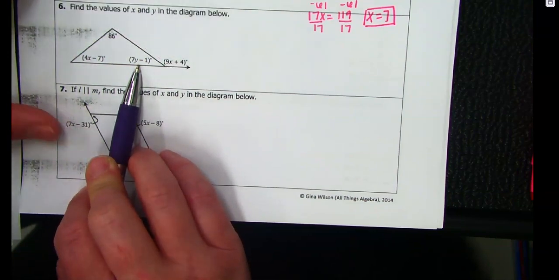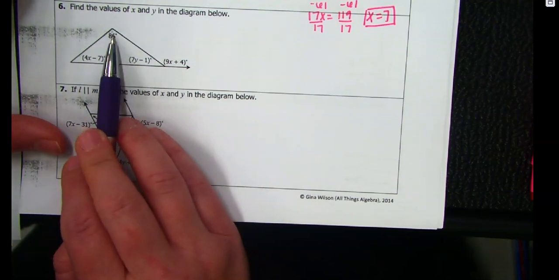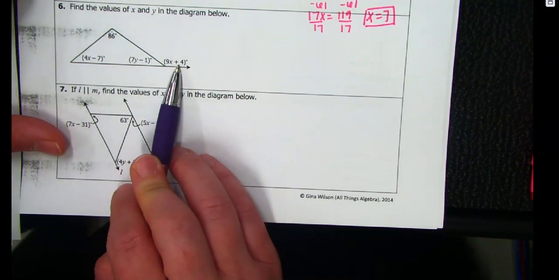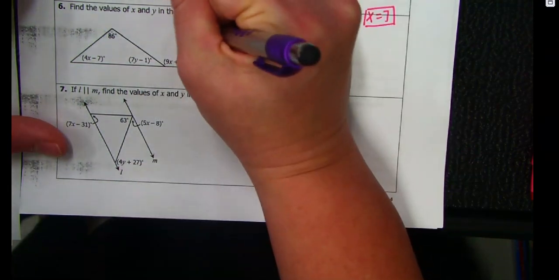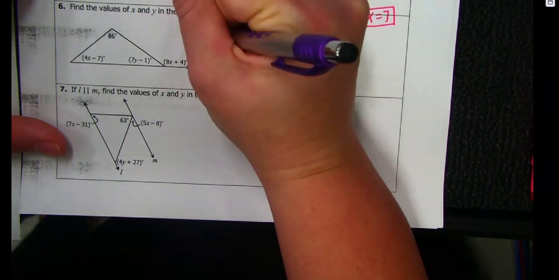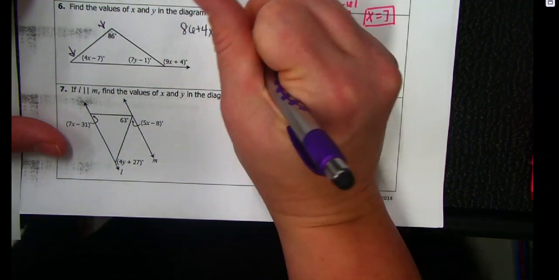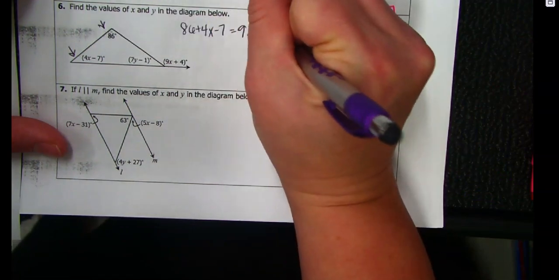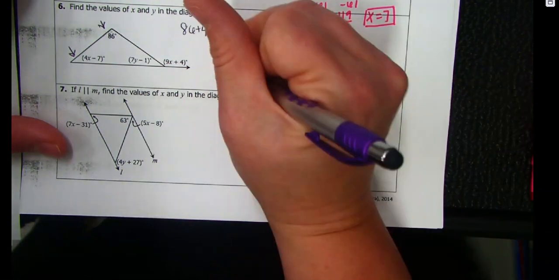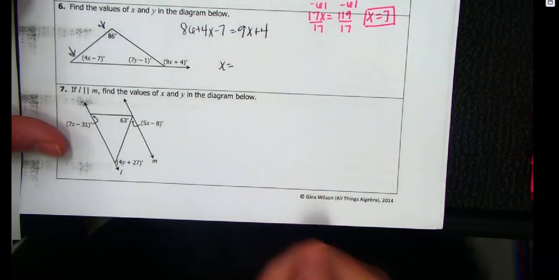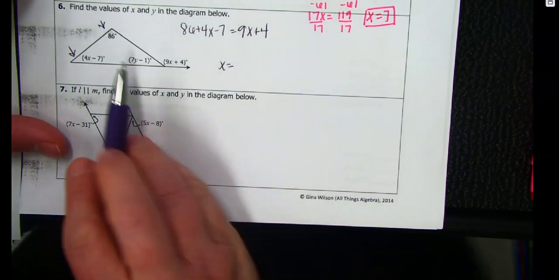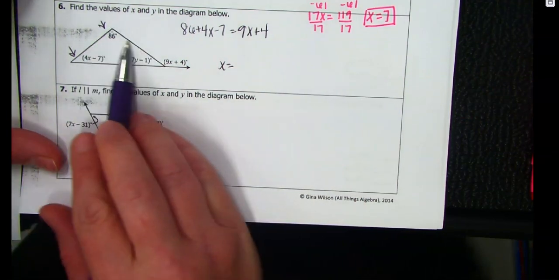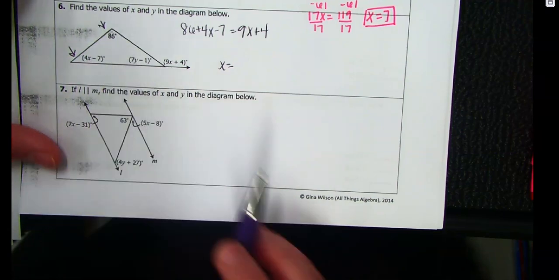So what you have to do is do your exterior angle theorem, which is when you add 86 plus 4x minus 7, set it equal to 9x plus 4. So this angle plus this angle equals the exterior angle. Doing that will allow you to find x. Once you know x, plug it in. Then you can add that whole thing together and set it equal to 180.